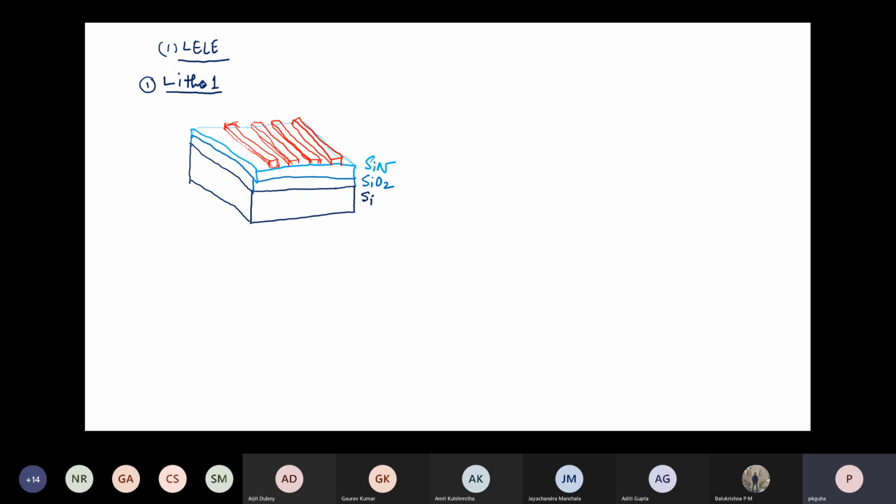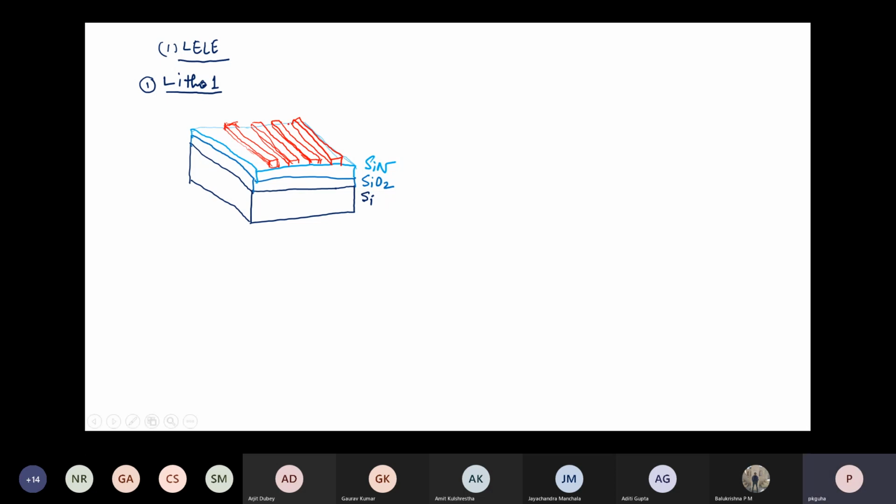Now what I have done is etch, so that the first pattern is on the hard mask, that is silicon nitride.